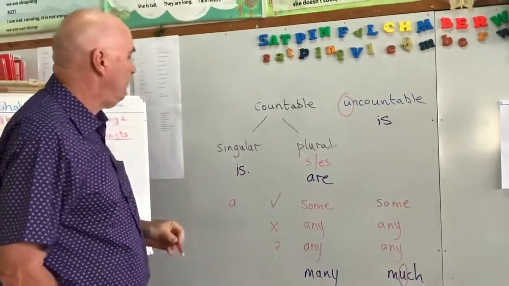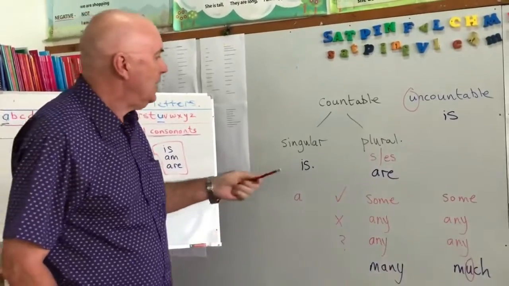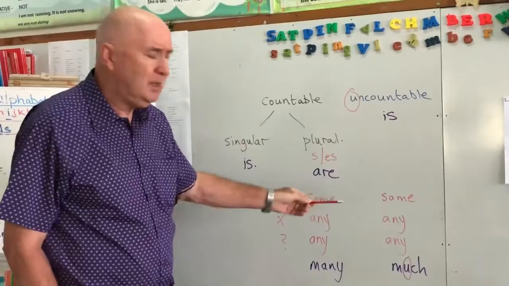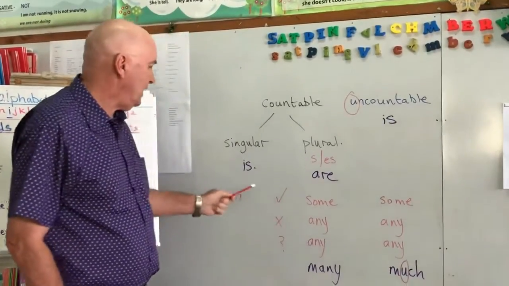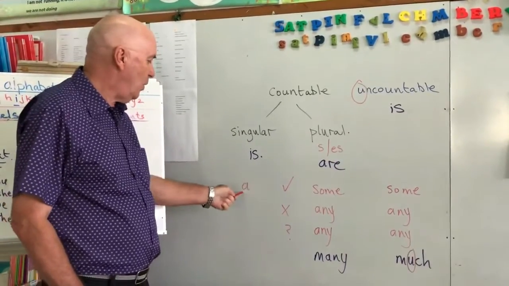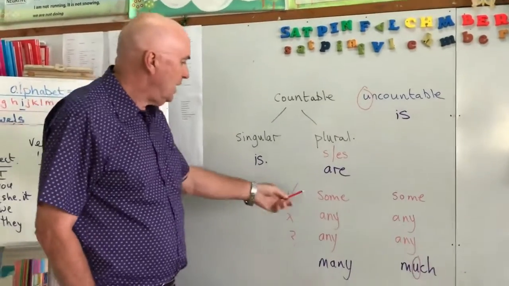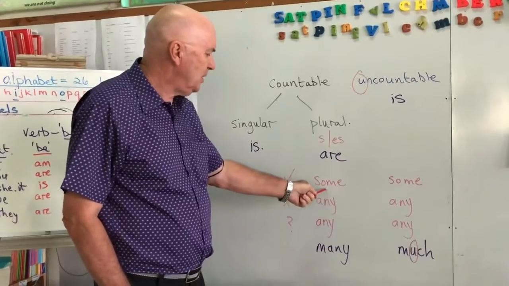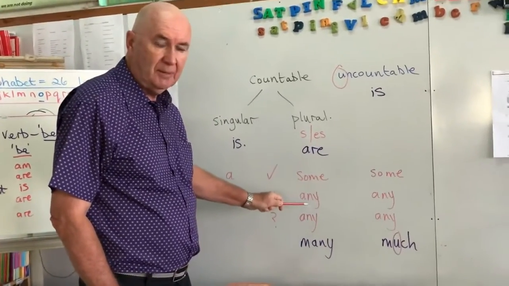Okay? Now, if we're going to talk about food, we're not going to use a number, then we can use these words, some or any. Okay? So let's have a look. If yes, 1, we would use a. There is a banana. If more than 1, and we don't want to count them, we just say there are some.